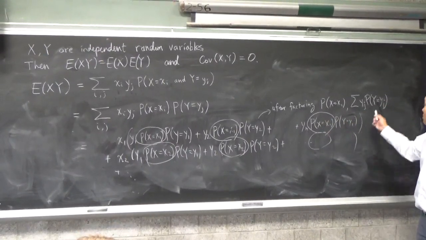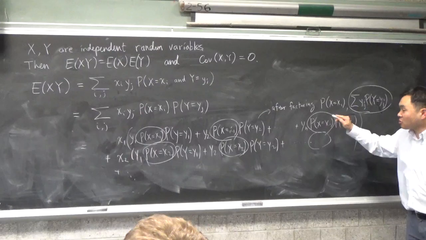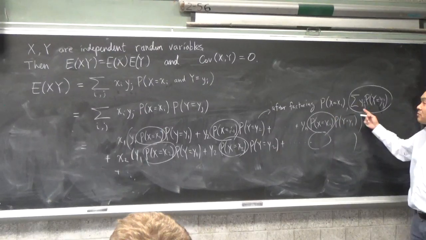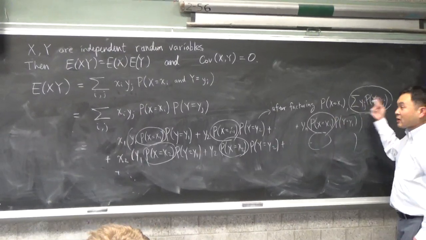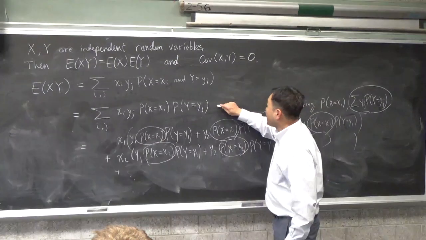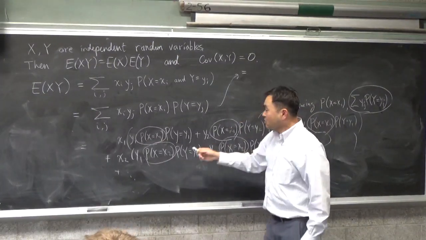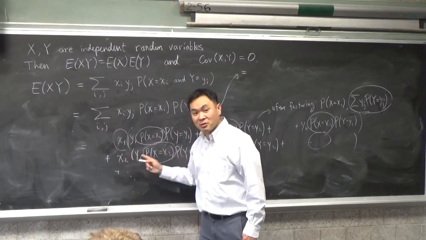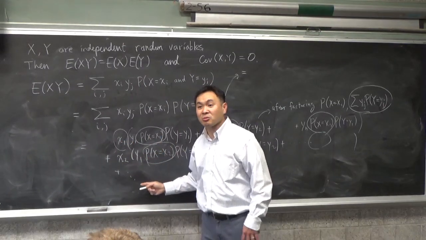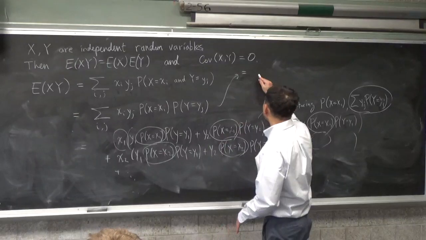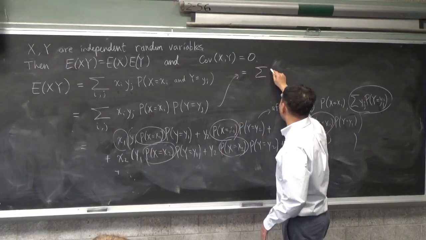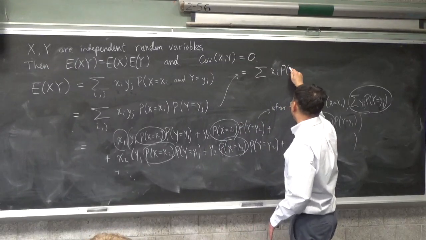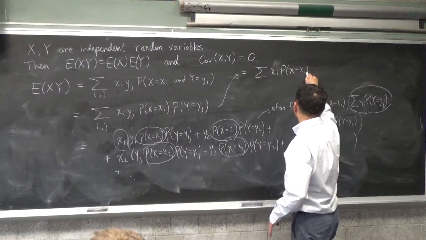So this is the thing that's common to all of these. Therefore, I can factor that out. Now, if I factor that out, then imagine what you get here. Those are x1 P(x1), x2 P(x2), x3 P(x3). So what you have is the sum of xi P(X = xi).